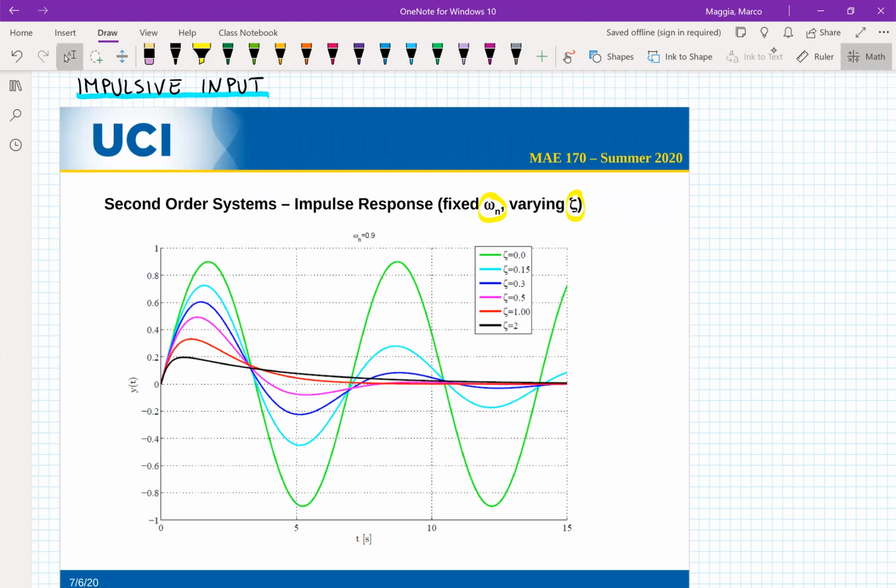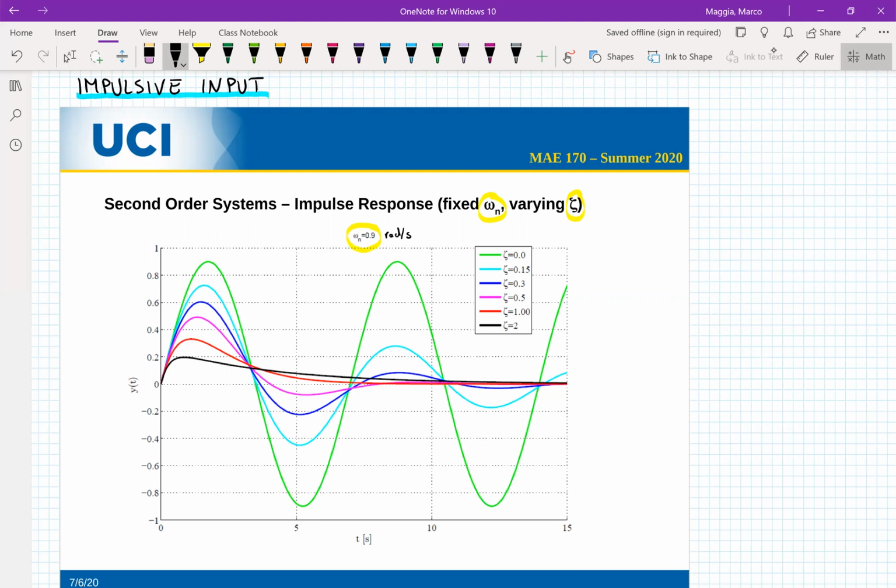So in this case, if we wanted to plot the impulse response for a second order system, I fixed a value for the natural frequency, in this case 0.9. I haven't written it, but the frequency is always expressed in radians per second.